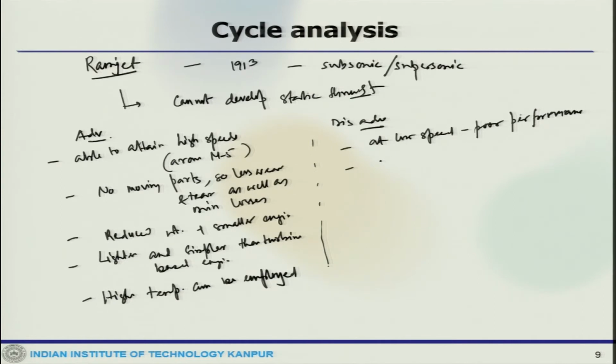It needs a booster to accelerate the speeds, where the ramjet starts to produce thrust.